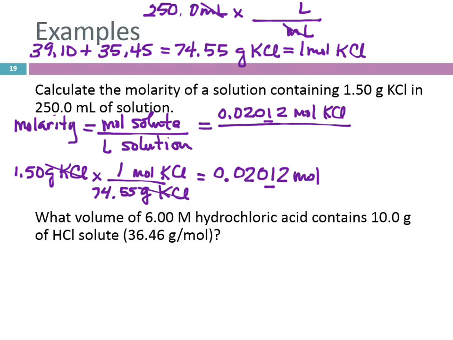And then we ask ourselves, what does milli mean? 10 to the -3. So I've got milli on the bottom. I write what it means on the top, 10 to the -3. I do the math, and I come out with 0.2500 liters of solution.